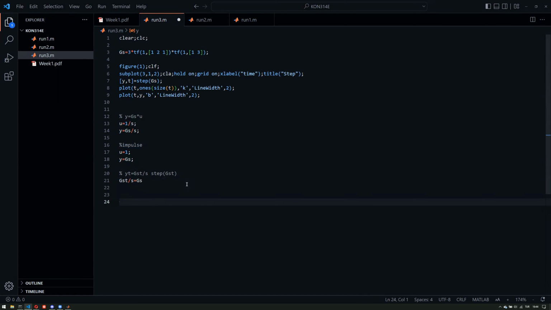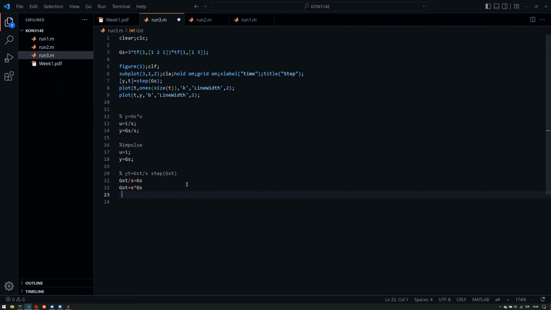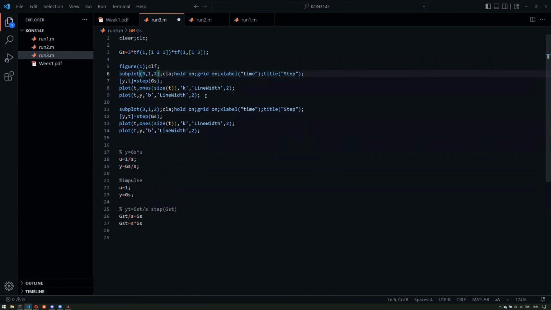So I should propose a different transfer function, and it should kind of act like the impulse response of GS. So therefore, I can see that G tilde should be equal to s times GS. So this means that if I copy this, and instead of using step GS, I want to use G tilde, or I should multiply GS with s.